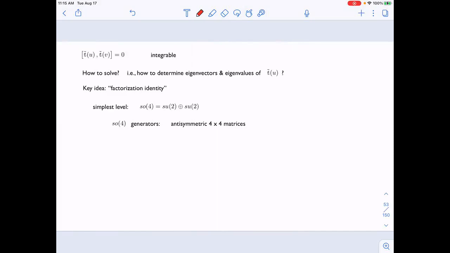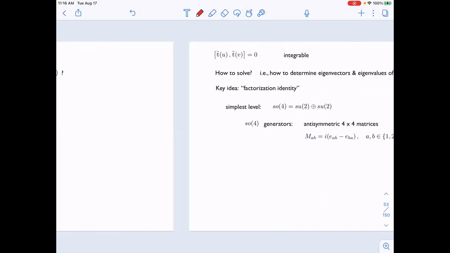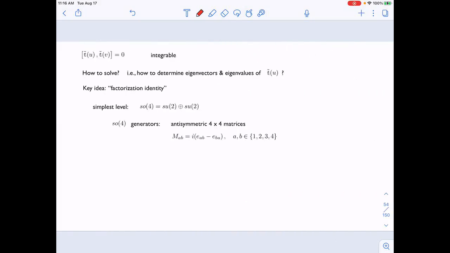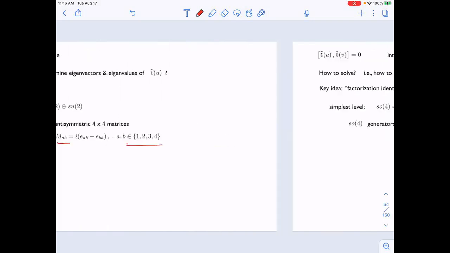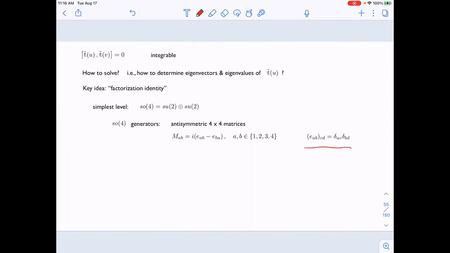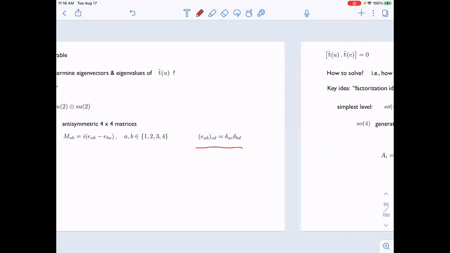The SO(4) Lie algebra generators are just antisymmetric 4x4 matrices. We can write them as M_AB, where A, B go from 1 to 4, and E_AB are just the elementary matrices, which are 0 everywhere except for a 1 in position (A,B). So these are obviously antisymmetric.